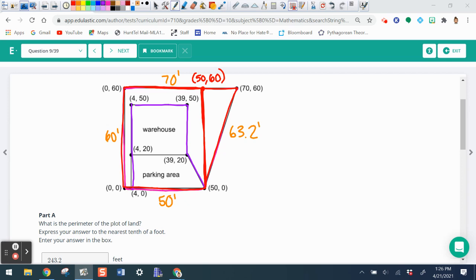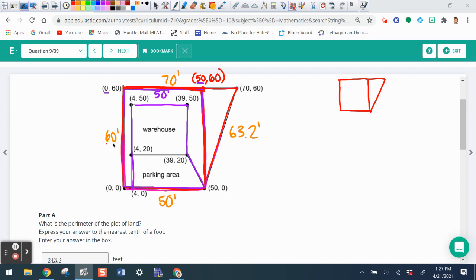So the total area, let's find the area of this rectangle here. So we're looking at now the distance, instead of 70 feet, from 0 to 50. So we're actually only going to use 50 feet here. So the area of this rectangle, and I'm going to draw it kind of smaller here, just to clean it up, is simply length times width.